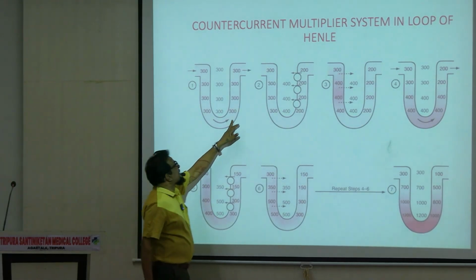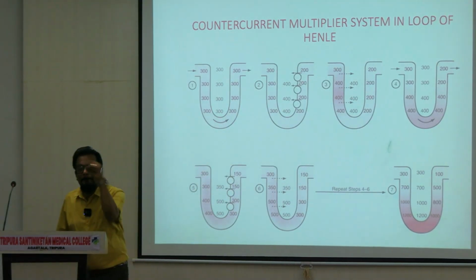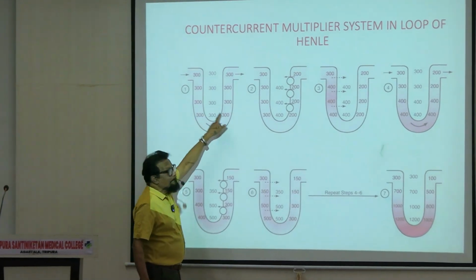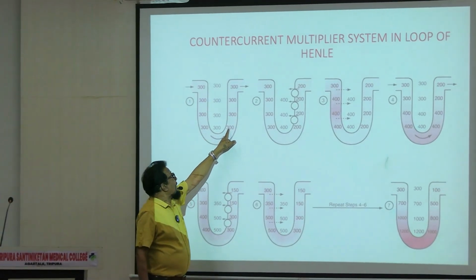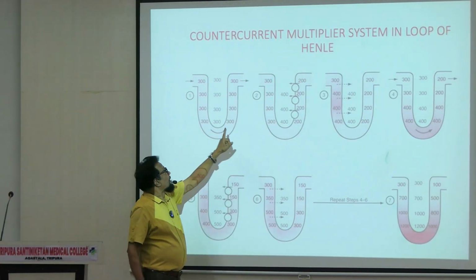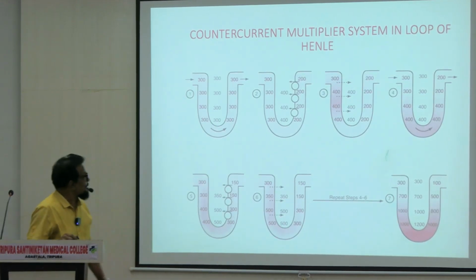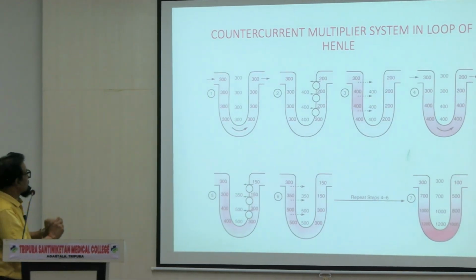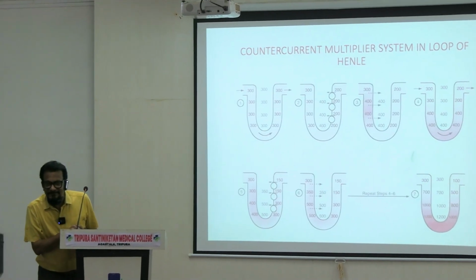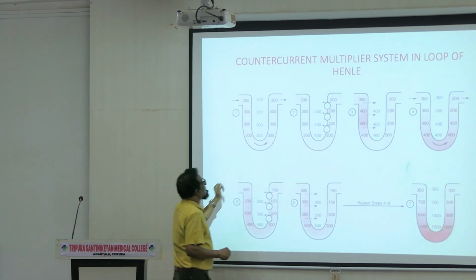But the ascending limb is impermeable to water but permeable to sodium chloride. So this is the situation. Now everywhere the osmolarity is how much? 300.